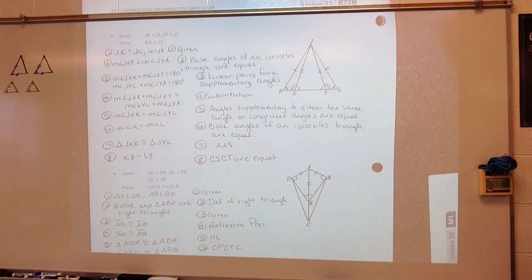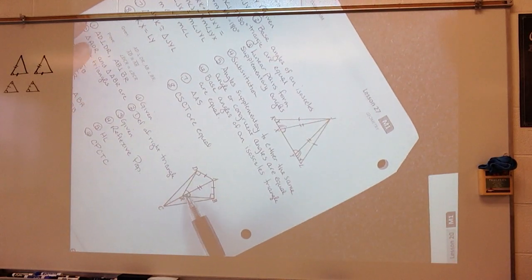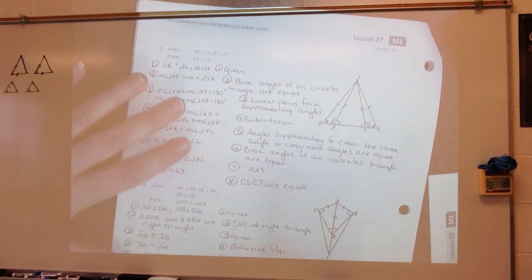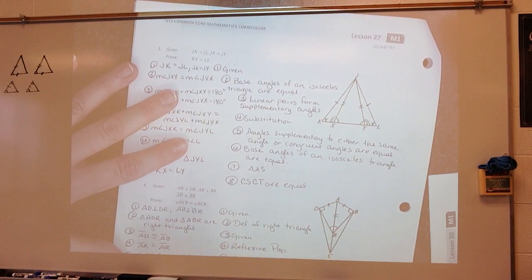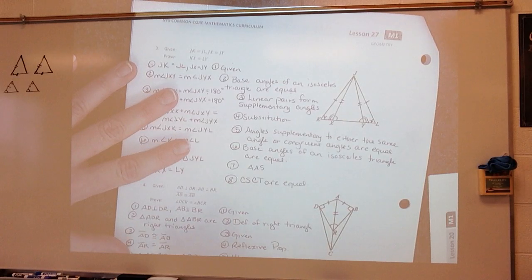Alright, so I know that that angle is congruent to that angle. Now let's think about this for a second. What do I know about these two parts? They form linear pairs. So they're equal to 180 degrees. So the measure of angle ARD plus the measure of angle CRD equals 180 degrees.